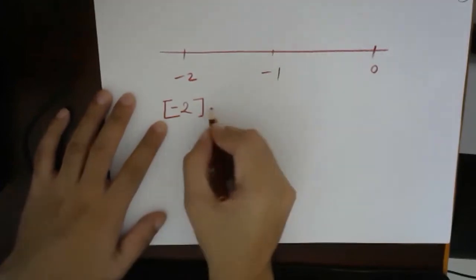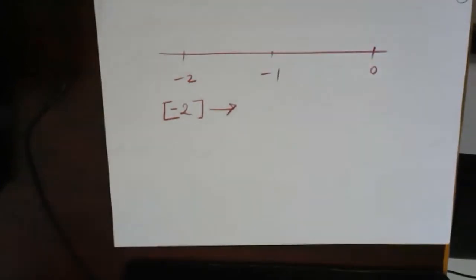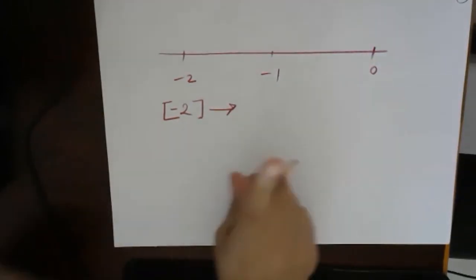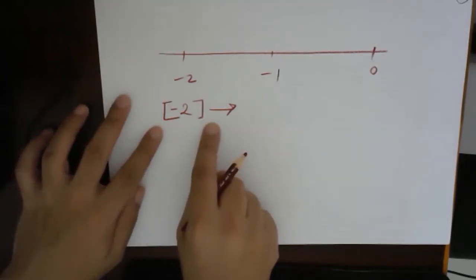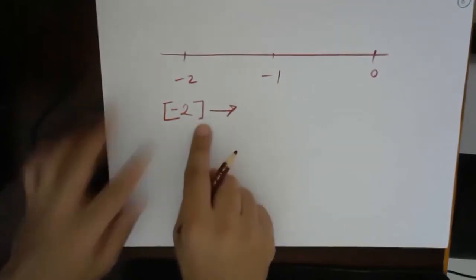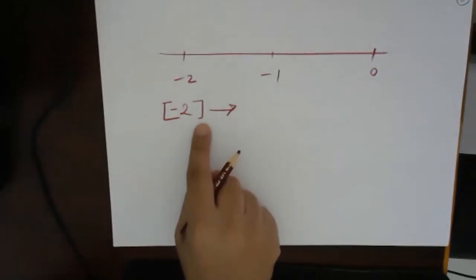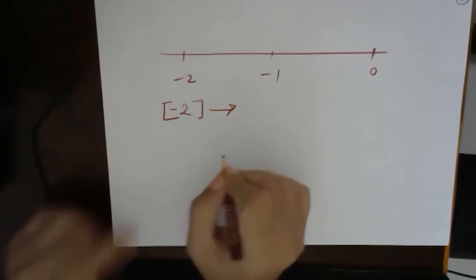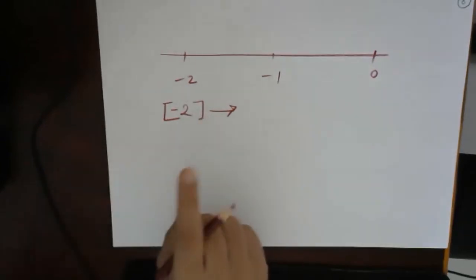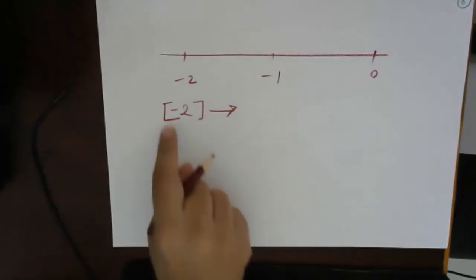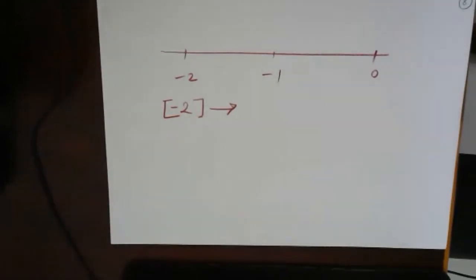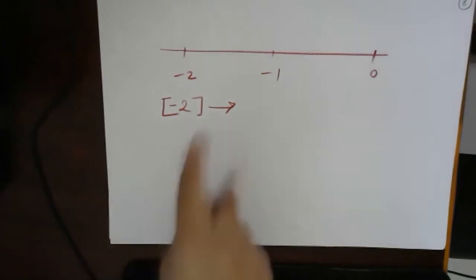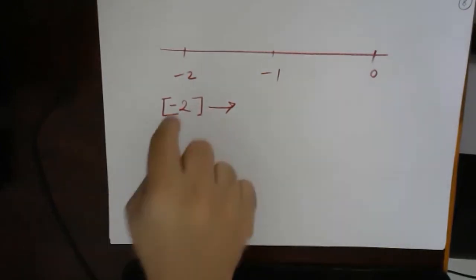Wherever they have taken this as the greatest integer function, they will always mention in the paper that this represents the greatest integer function. Why? Because this is also a bracket, and normally we use this as a bracket, but if they are using it as a greatest integer function, they will mention it in the paper.